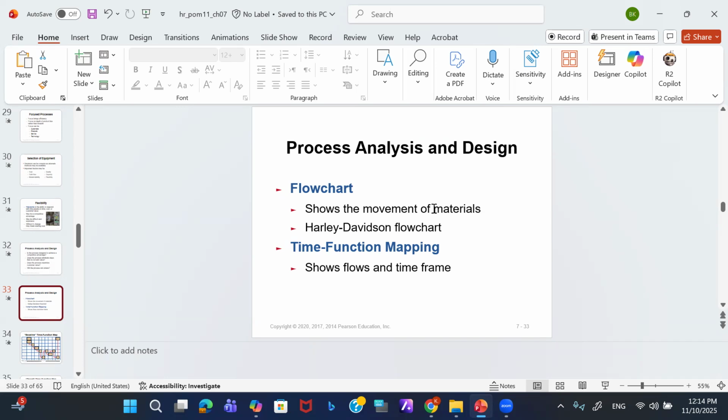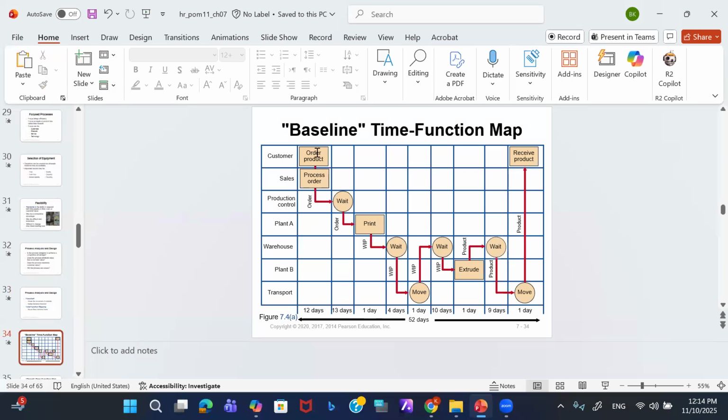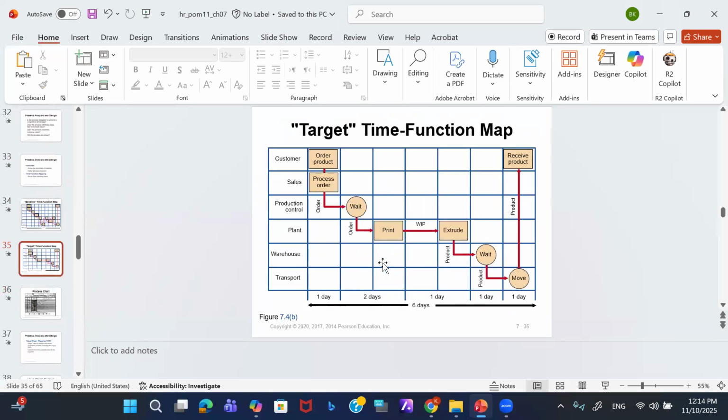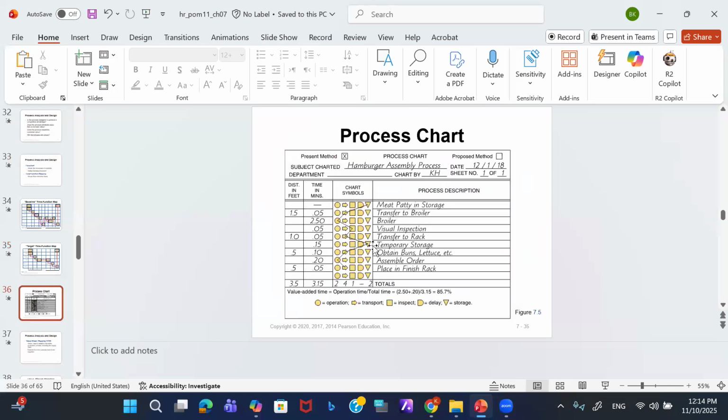Flow chart shows the movement of material, time, function. See, for example, baseline time function: order product, process order, wait, print, wait. You know, this is the flow chart with time.